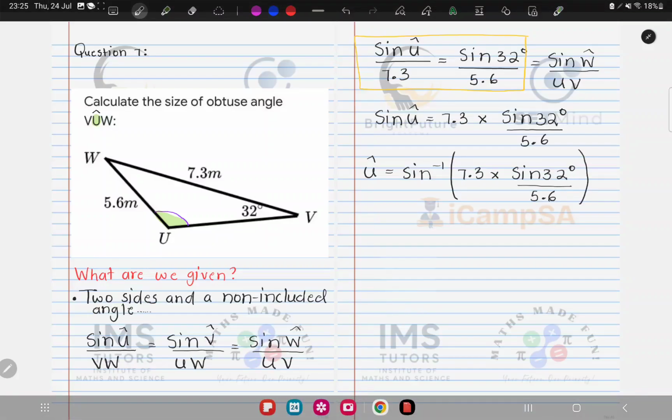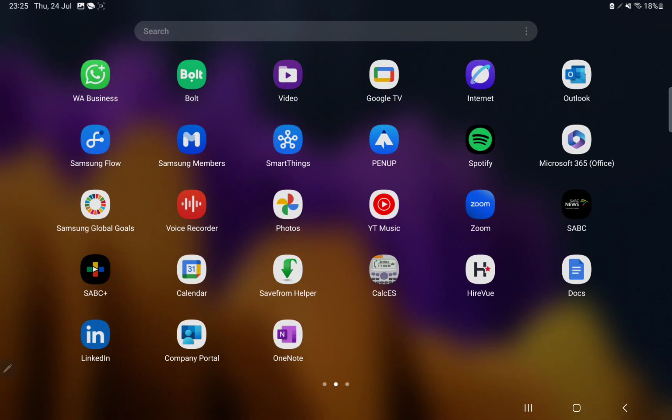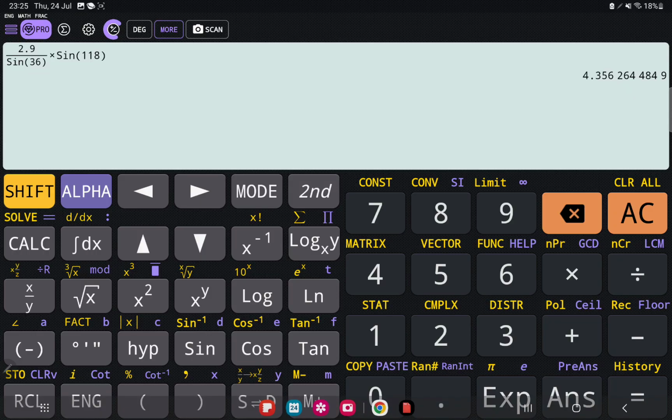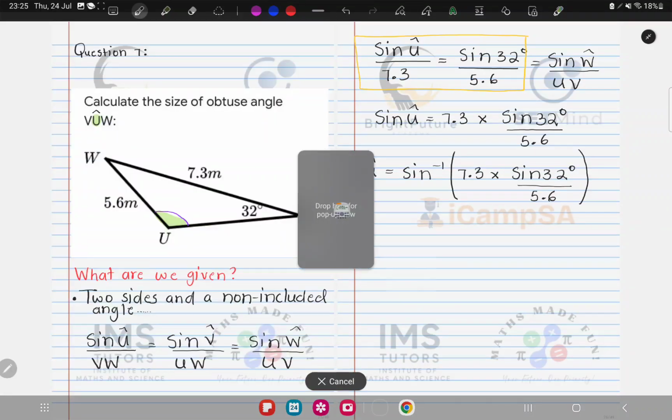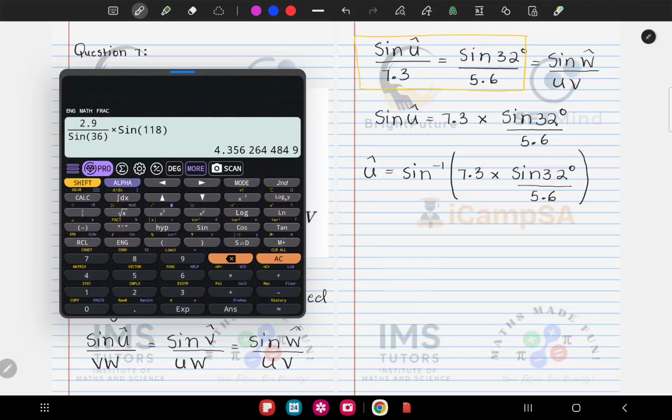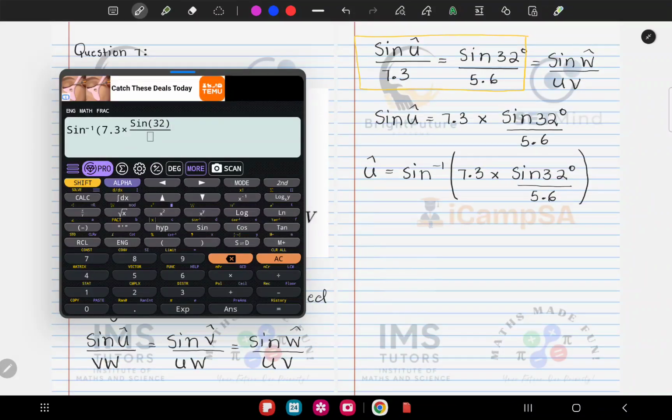So let's quickly pop up our calculator and see what we obtain. Okay, so let's go ahead. The inverse sine of 7.3 multiplied by sine 32 divided by 5.6. Close the bracket.